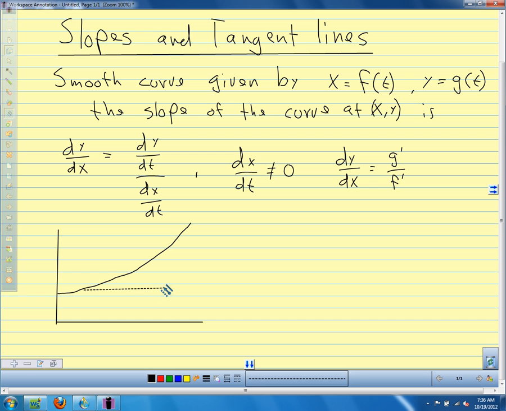So we'll look at the change in x and the change in y, and we'll take the limit as delta t approaches 0. So this is delta x, delta y. We have a point here at f of t and g of t.